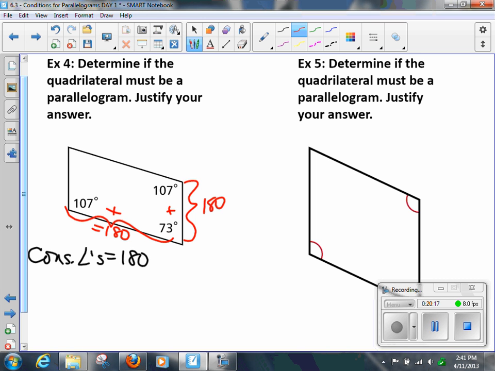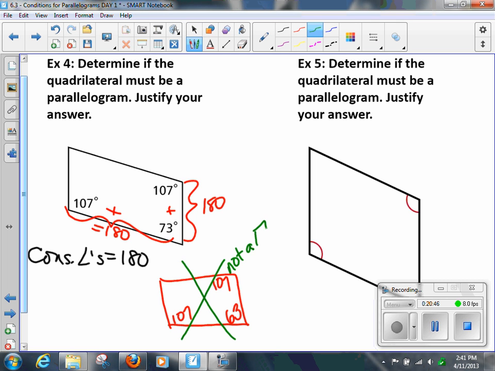Let me ask you something. What if the figure would have looked like this? They're still consecutive, but they don't equal 180. Is this a parallelogram or not? Why? Because it doesn't equal 180. I would write that down.